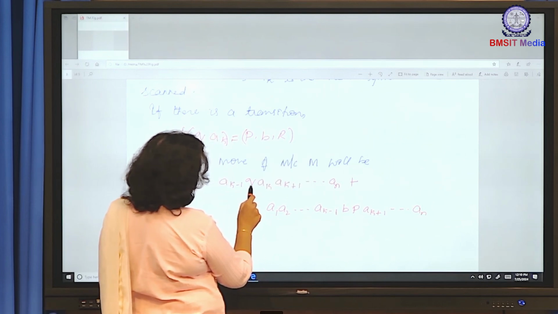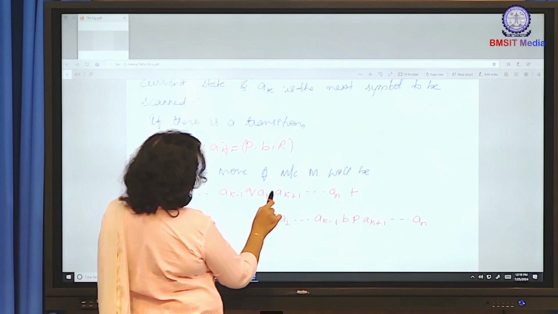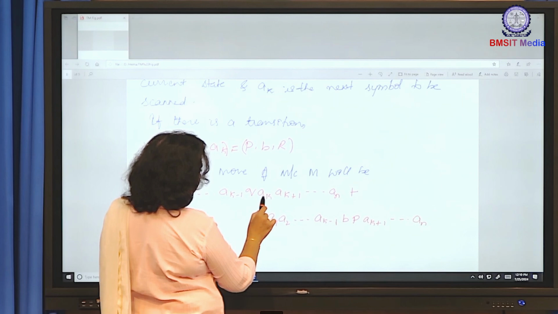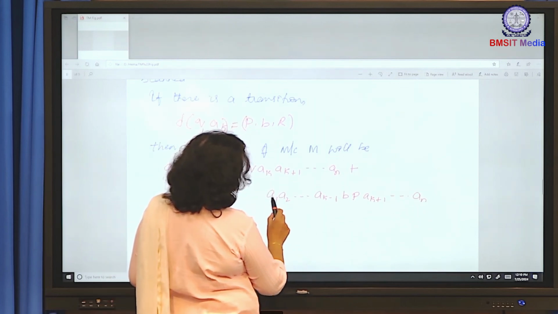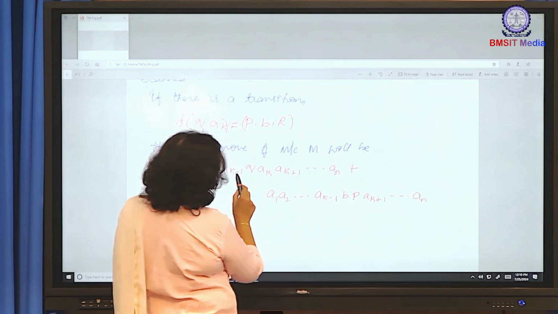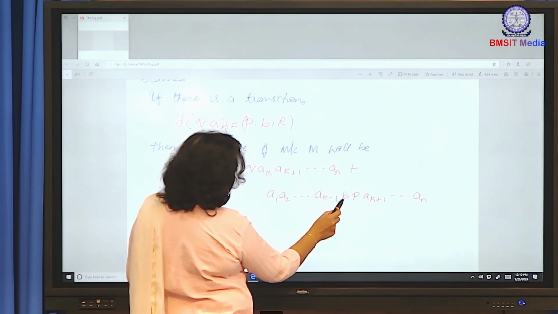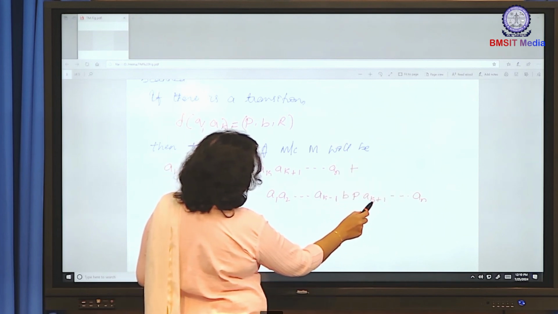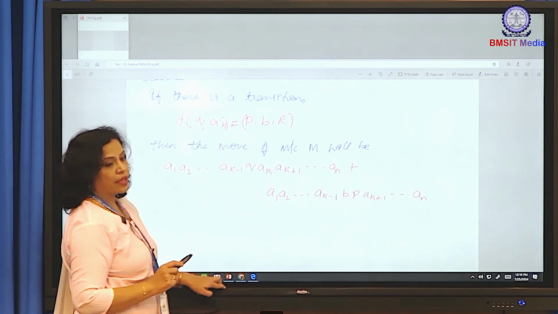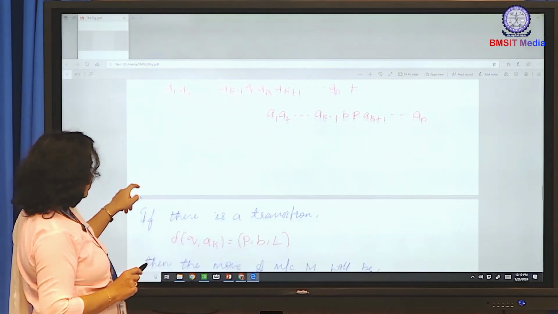So the head is here, it will go to right. So head should come after AK, but AK has become B. So A1, A2, so on up to AK minus 1. Then AK has become B, Q has become P, AK plus 1 to AN. That is how the move works.